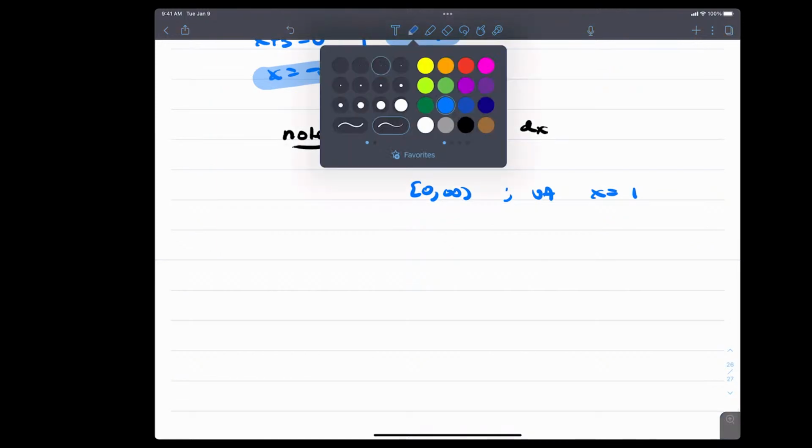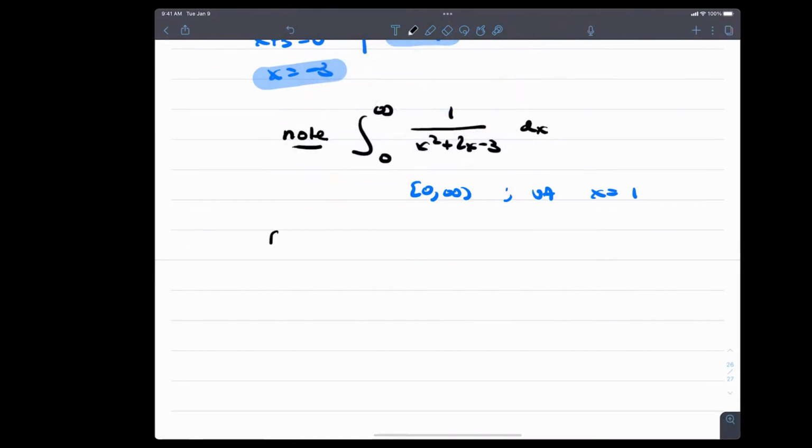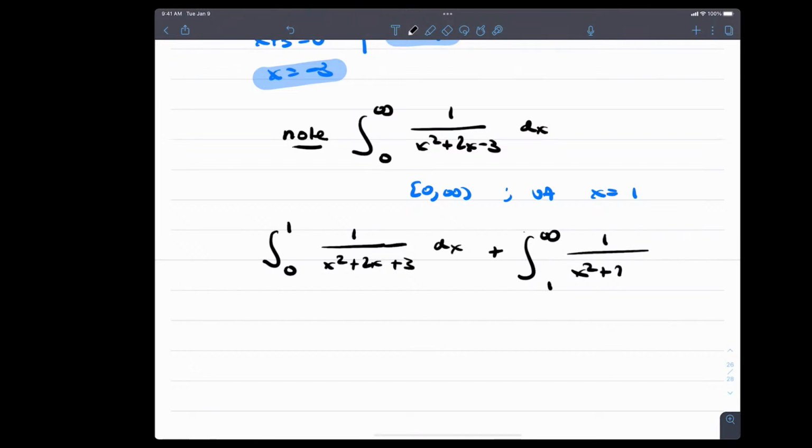And you might say, can I split it up? Yeah, you split it up from 0 to 1. Remember, over the discontinuity. Plus 1 to infinity, over the discontinuity. Right?